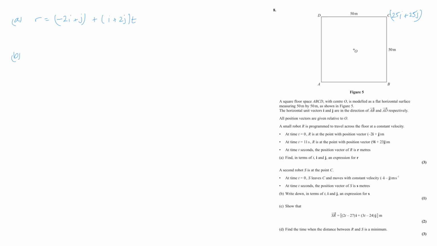Okay, so that's S's starting position, 25i plus 25j. And then it's moving at a constant velocity of minus i minus j t. I probably should put the t in front here, but there we have it.